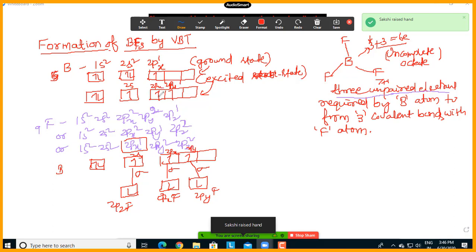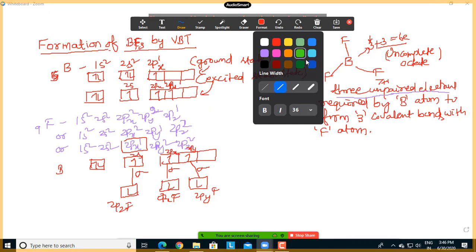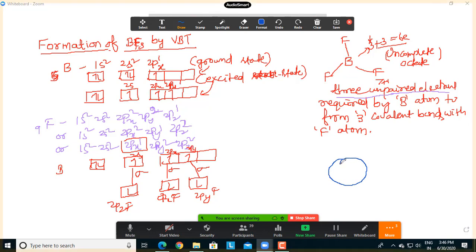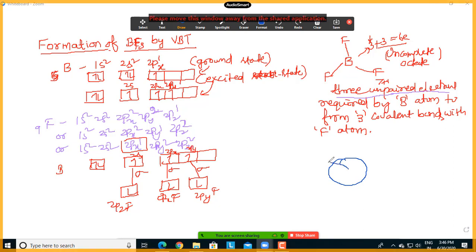Now let us write S and p orbital of boron here. So S orbital of boron can be written like this. So this is boron, S orbital, and 2px and 2py. This is 2px.